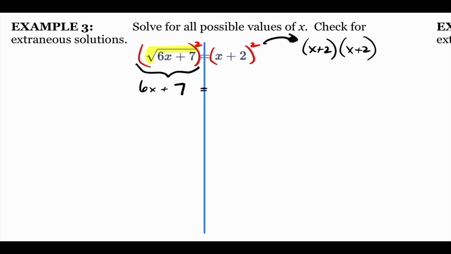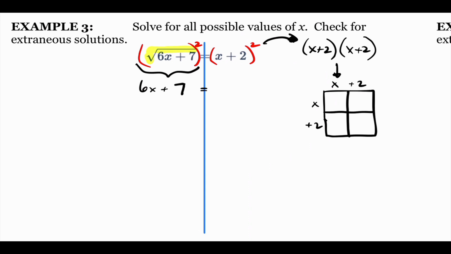How do we simplify those? We've done this before. We did it last semester. Starts with a B. Box. There you go. Okay. I have an x plus 2 and an x plus 2. So you multiply.